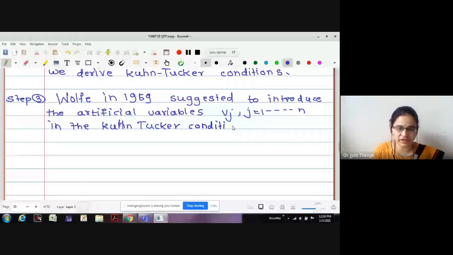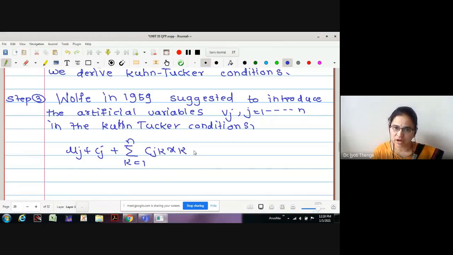What is the condition we have written? Mu j plus Cj plus summation k equals 1 to n Cjk xk minus summation i equals 1 to m lambda i aij equals 0. Now this is for j equals 1 to n.